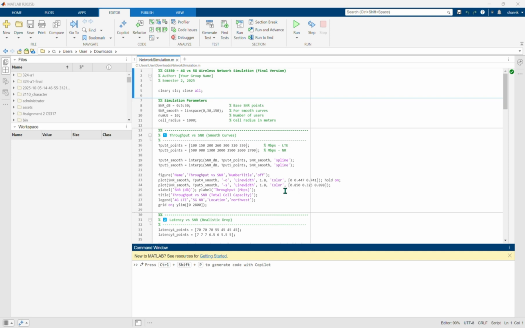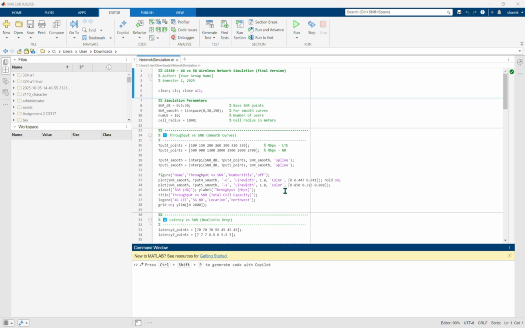The first section of the code models throughput versus SNR. Here, we manually define throughput values for both 4G and 5G systems at various SNR levels. For 4G LTE, the values range from 100 Mbps at low SNR to roughly 330 Mbps at high SNR.